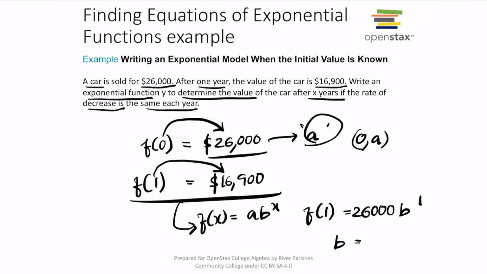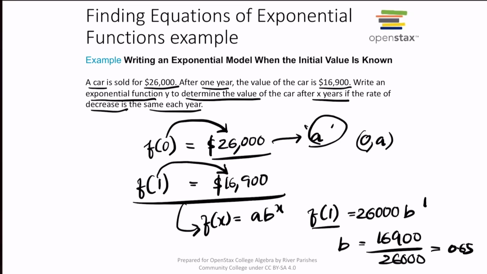So b becomes f(1), which is 16,900, divided by 26,000. So use the calculator and find the value. So 16,900 divided by 26,000 becomes 0.65. So the b value here is 0.65.